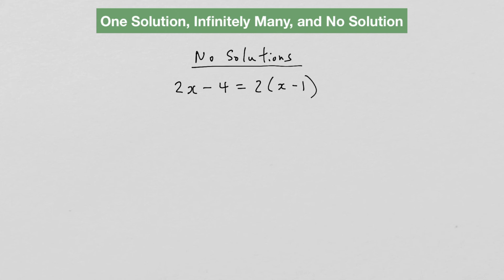We have this scenario where we're going to need to distribute the 2 across x minus 1. So we're going to multiply this first, and then we're going to multiply this second.